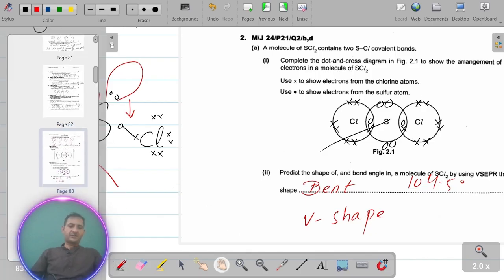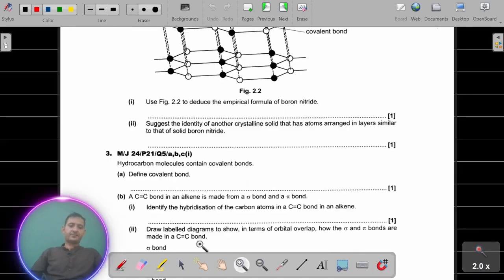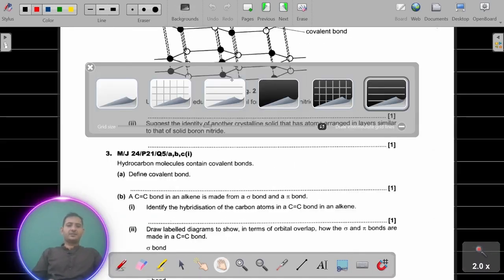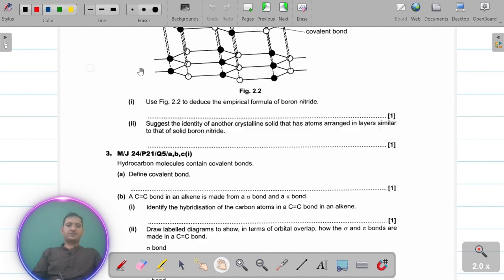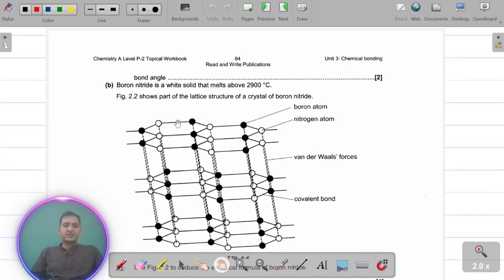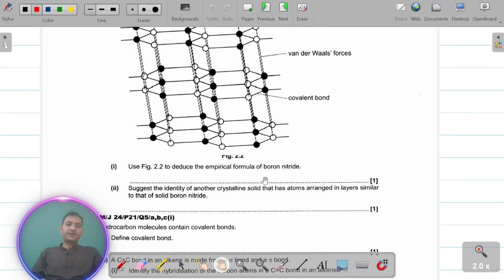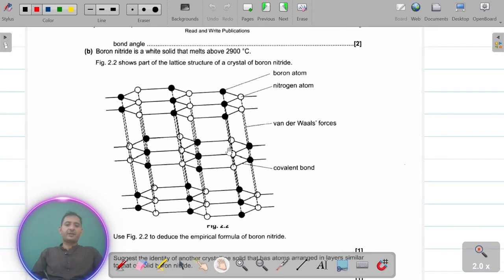Okay, so the next question is from 2024. Boron nitride is a white solid with a very high melting point, which means it's a giant covalent structure. Deduce the empirical formula of boron nitride. Empirical gives the simplest ratio.